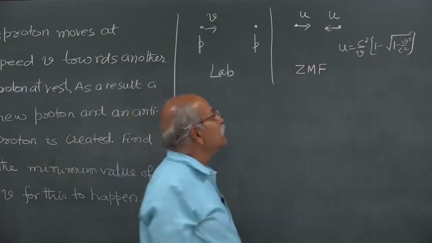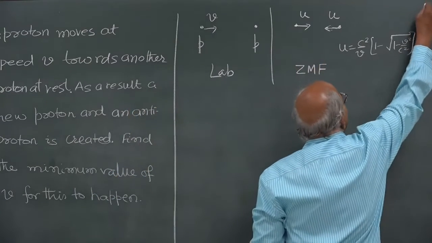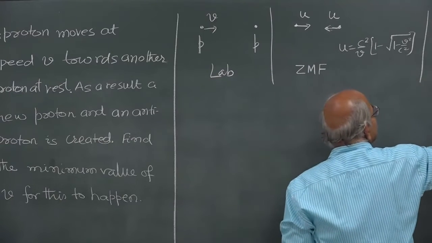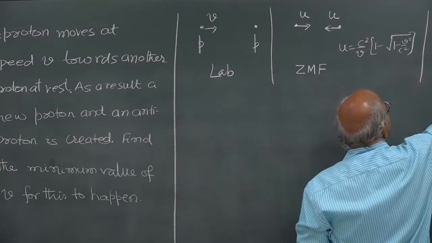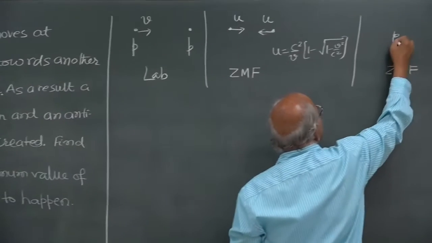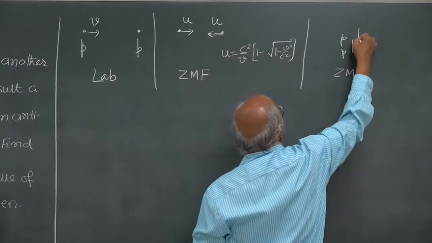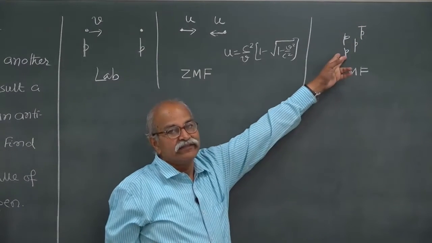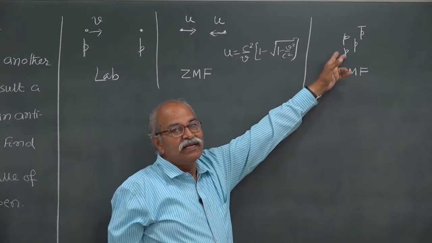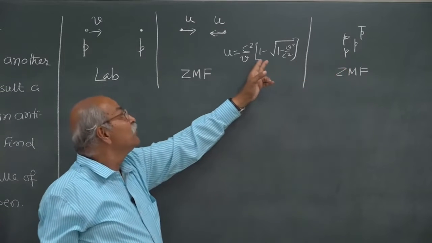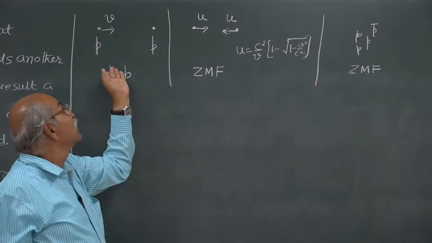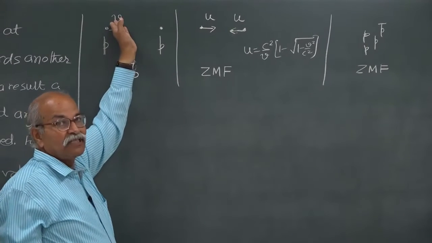And then if I demand that after the collision, in the zero momentum frame, you have P, P, P and P bar, all at rest, then you will get the minimum value of this u, and then you can find the minimum value of small v.